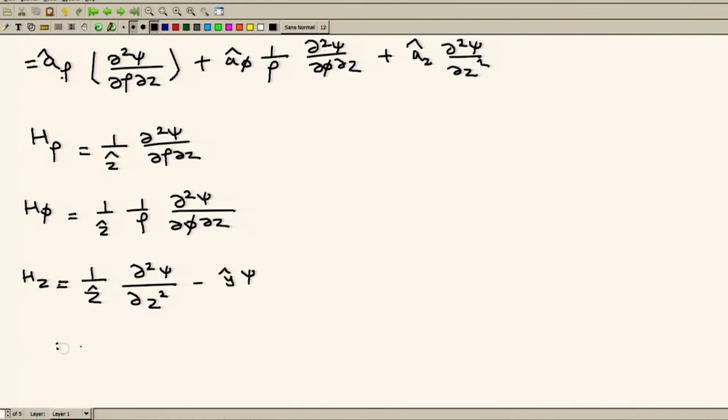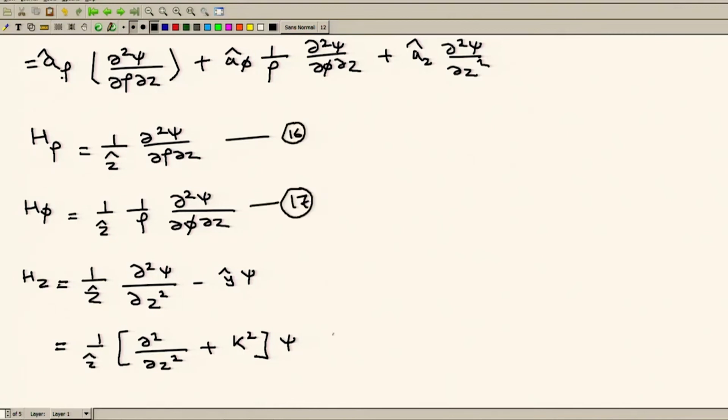This we can write in the form as 1 upon Z cap del square del z square plus k square xi. So, let us denote these equations as equation number 16, this as 17 and this as equation 18.